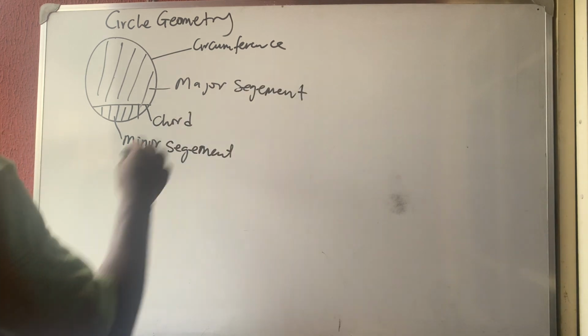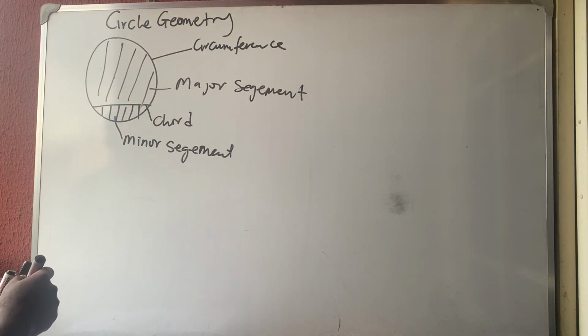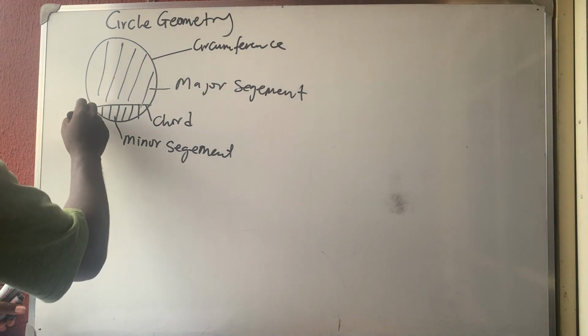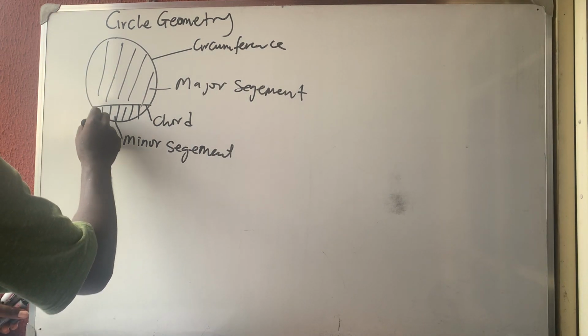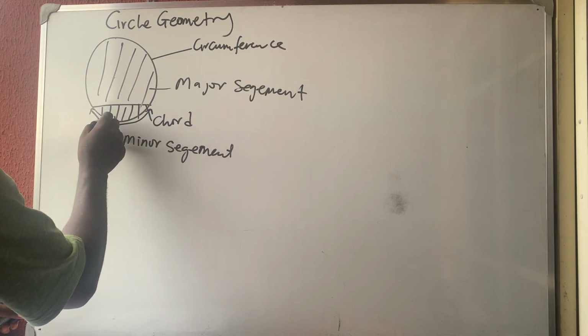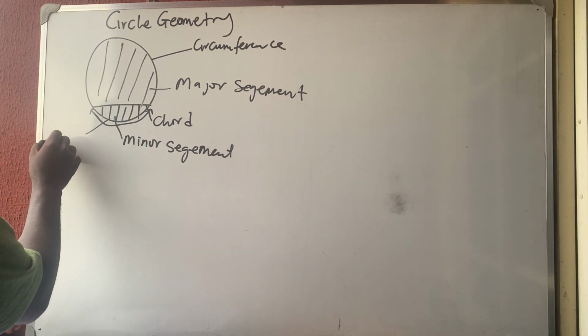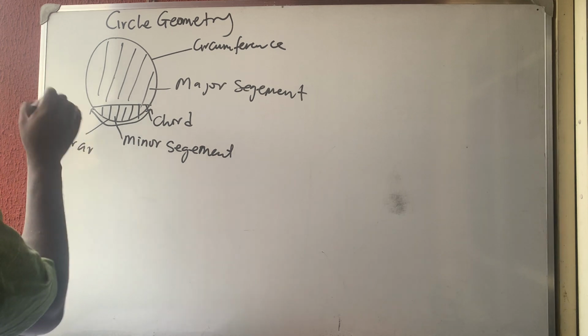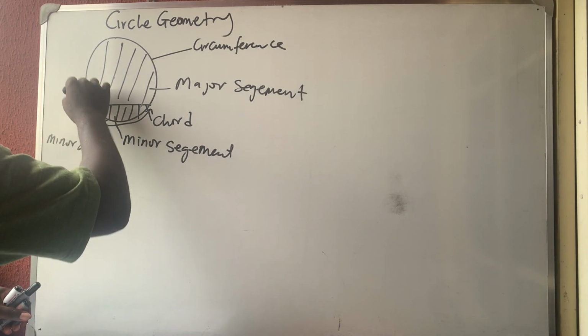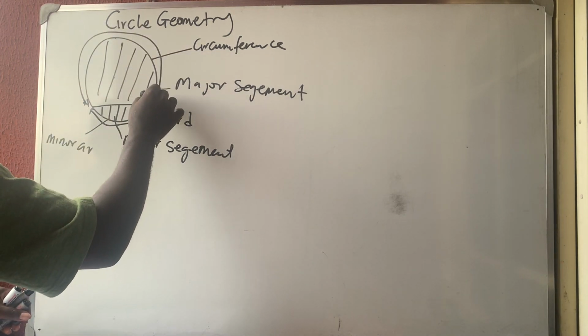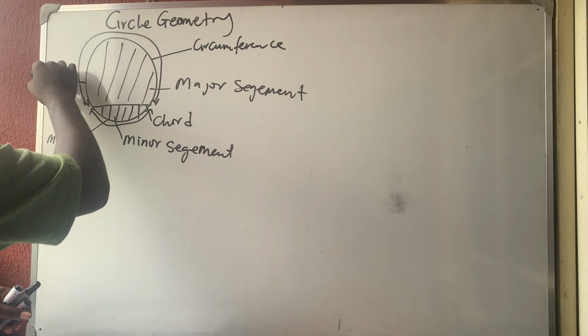So a chord divides a circle into minor and major segments. Then the line from here to here is called the minor arc, while the big one from here round to this point is called the major arc.